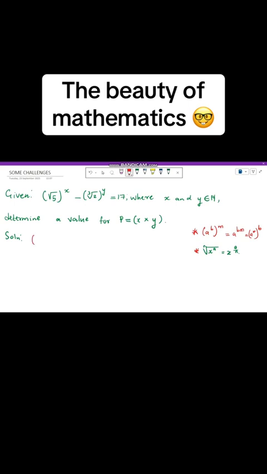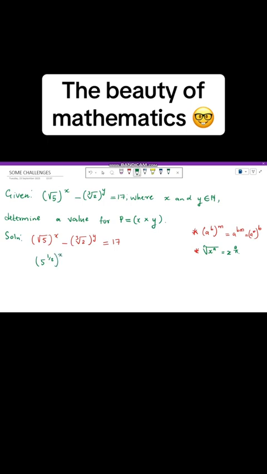Right, so I'm going to just have the square root of 5 then to the power of x, remove the cube root of 2 then to the power of y, like that, which is equals to 17. Then I can express this as 5 to the power of half, since this is a square root, so my index there is 2.